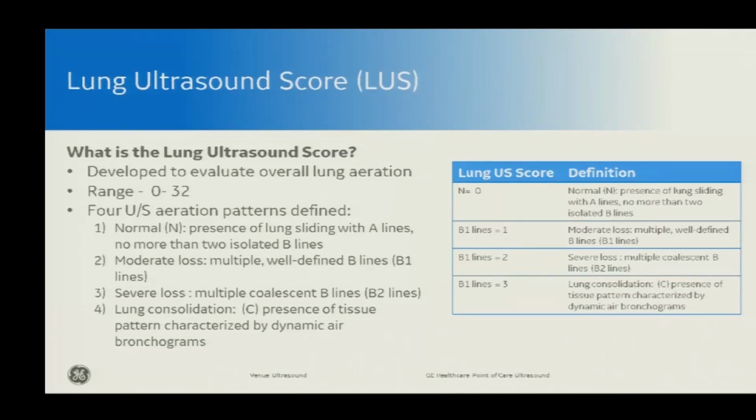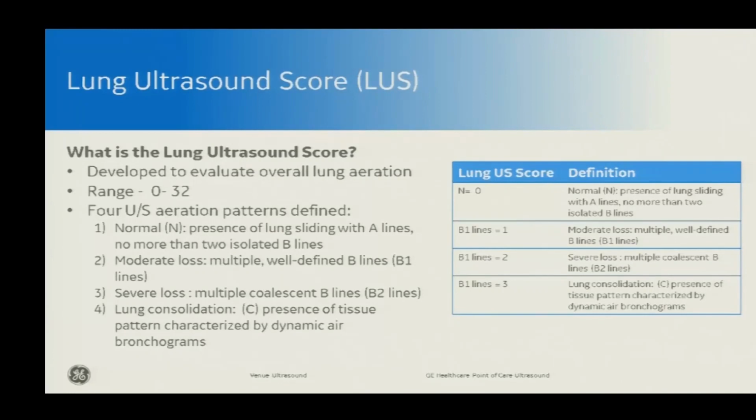Now there are 4 ultrasound aeration patterns that are used. One is normal, which means we have lung sliding with A lines and no more than 2 isolated B lines. 2 is a moderate loss of aeration, meaning that we have multiple well-defined B lines, but they're not fused together.